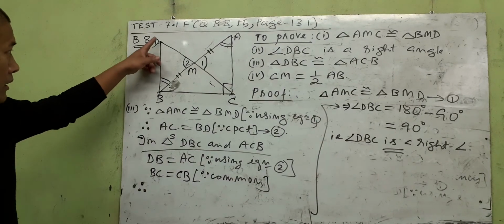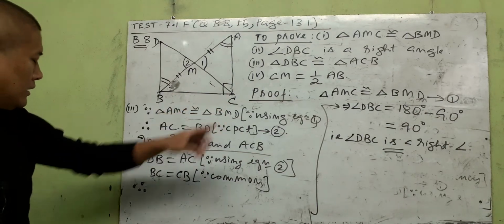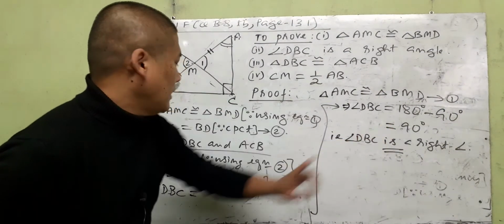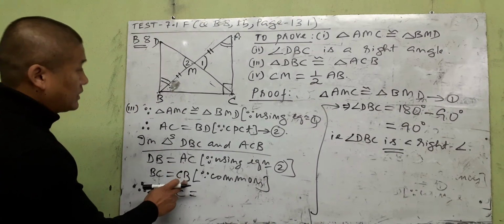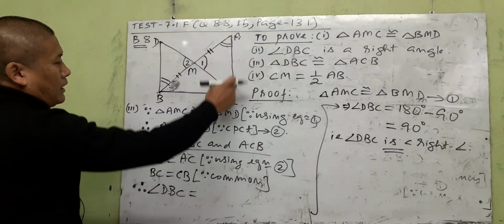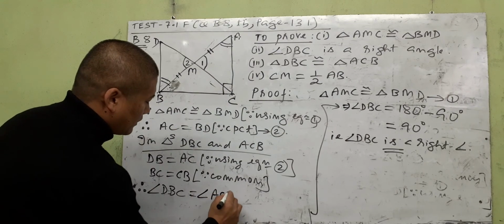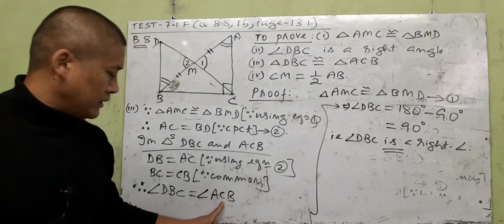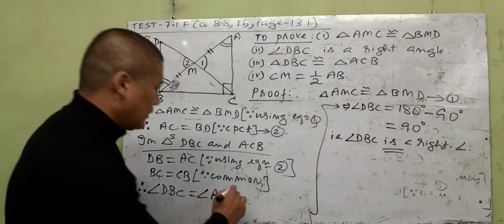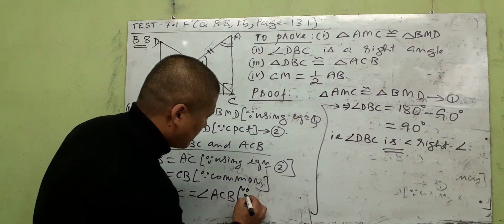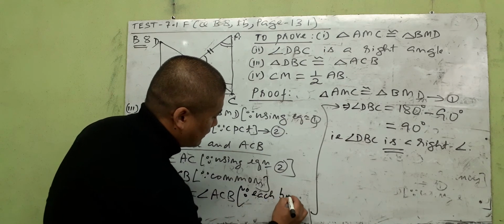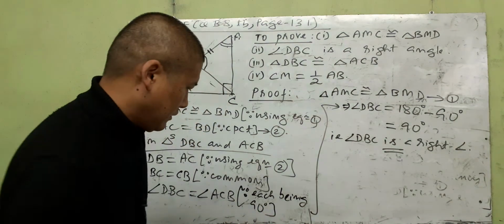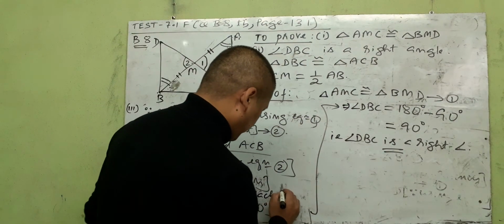The angle between DB and BC is angle DBC, which you have already proved is 90. Between SC and CB is angle SCB, which is already 90 as given. So DBC is 90, proved, and SCB is 90 degrees, given in the question. Both are 90 degrees each.